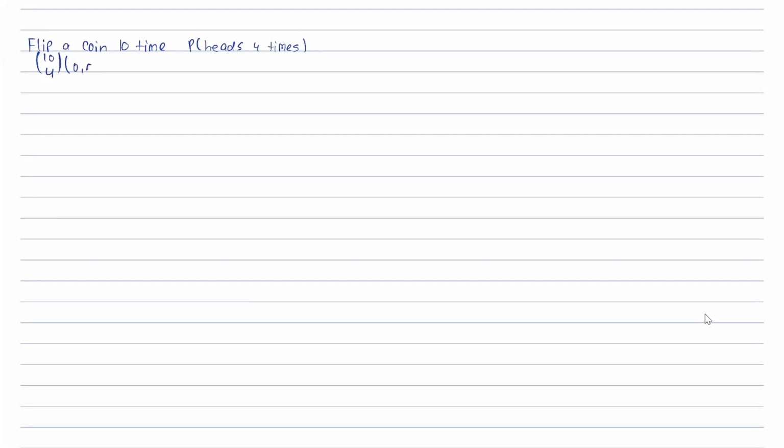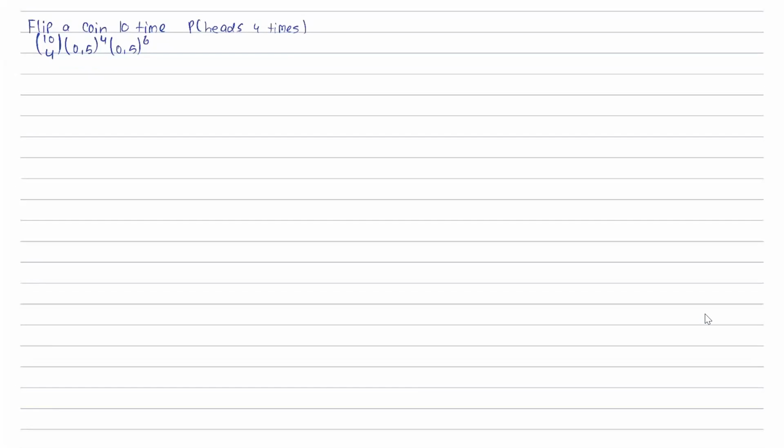So of course that's a 50% chance. And that's going to be to the power of k, so to the power of 4. And then this is going to be multiplied by q, which is 1 minus p. So in this case, it's exactly the same, 0.5, to the power of n minus k. So this is going to be 6.